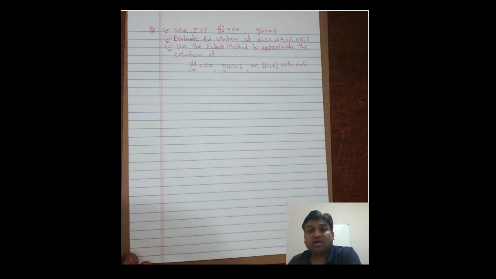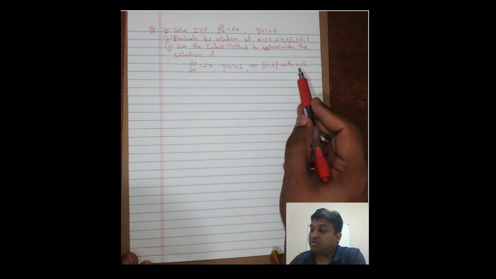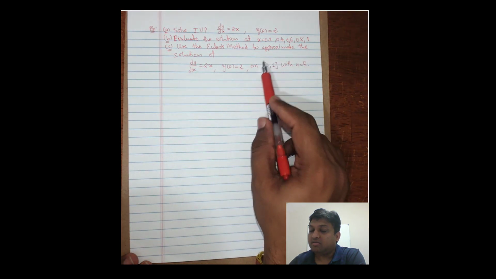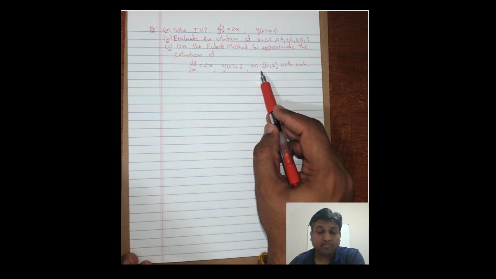So what I want you to do is find the first 5 approximated solutions of this differential equation on the interval 0 to 1 only.